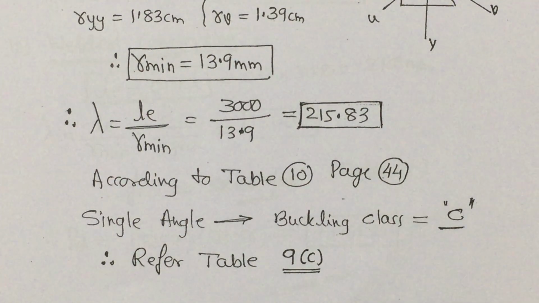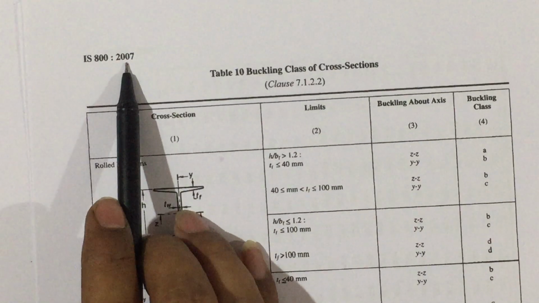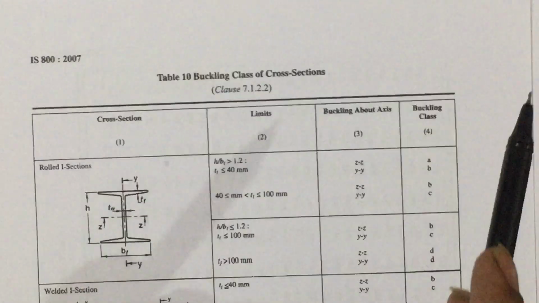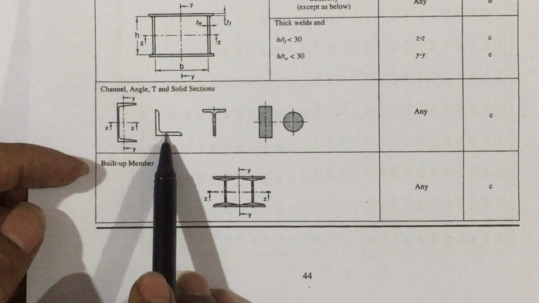Then we need to decide which buckling class it depends on. In page number 44 of IS 800 2007, table 10, buckling class of cross sections, they have provided a single angle section.